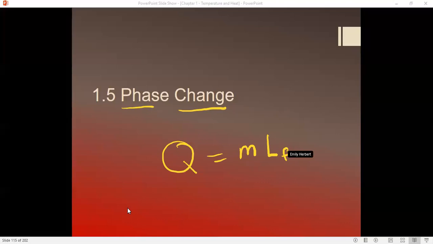The heat that we add is going to change either a solid into a liquid or a liquid into a solid. That's where we have the latent heat of fusion, or we can change a liquid into a gas or a gas into a liquid. That's where we have the latent heat of vaporization.